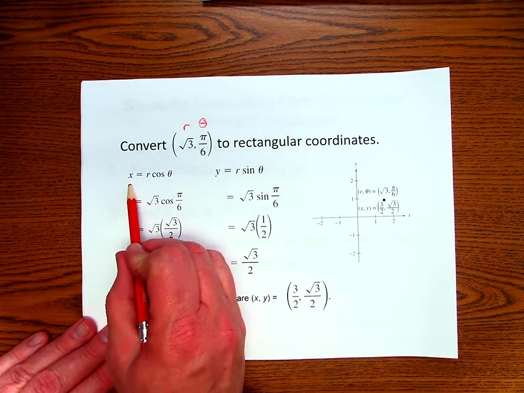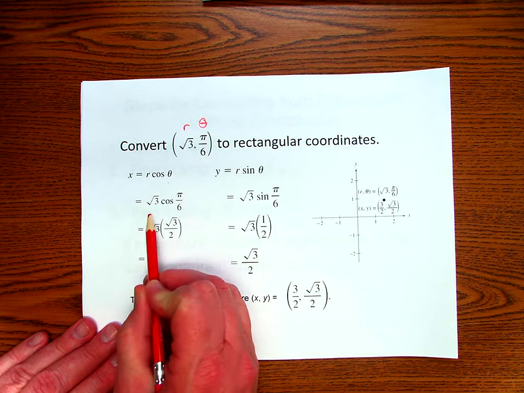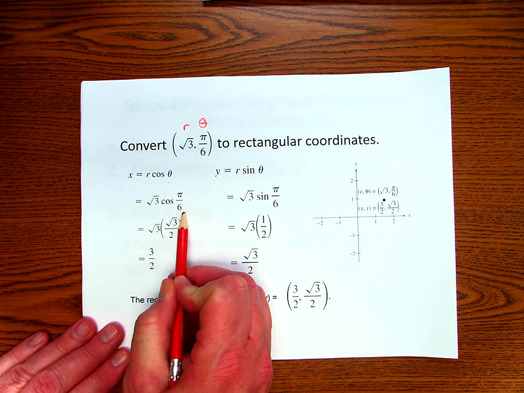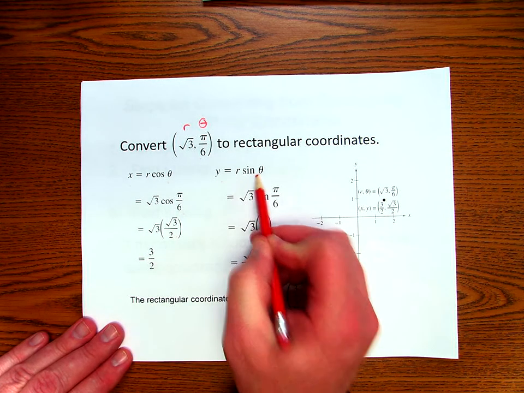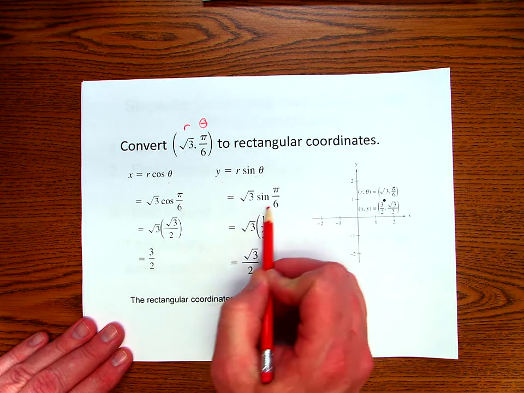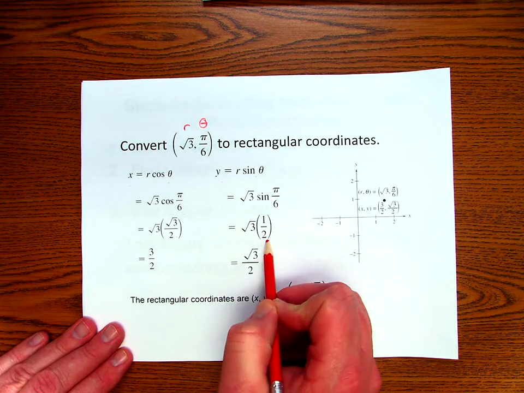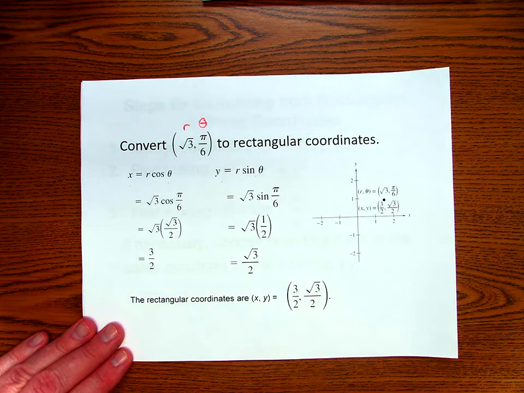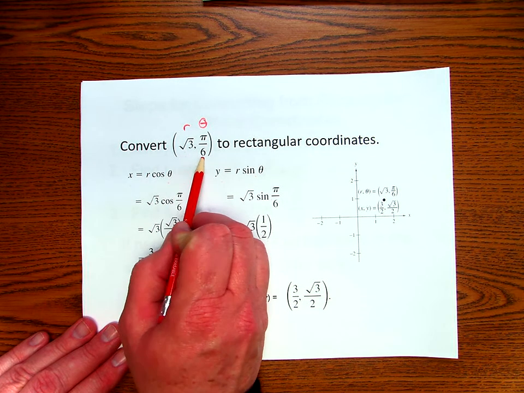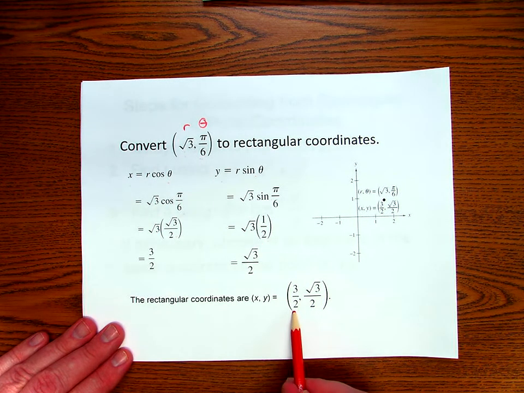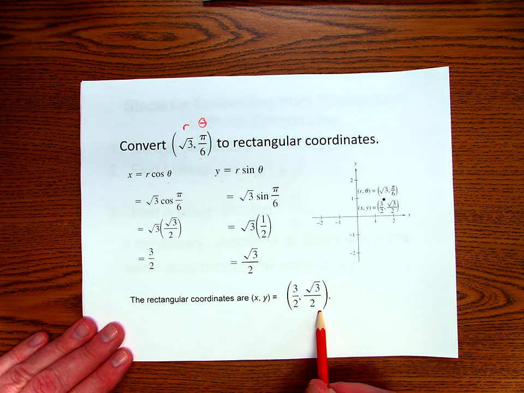So we know x is r cosine of theta, √3 times the cosine of π/6, order of operations. y is r sine of theta, √3 sine of π/6, evaluate, plug them in. So in regular xy or rectangular coordinates, the point (√3, π/6) corresponds to (3/2, √3/2).